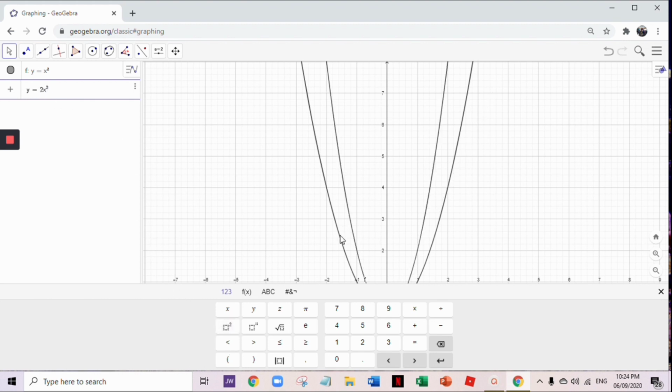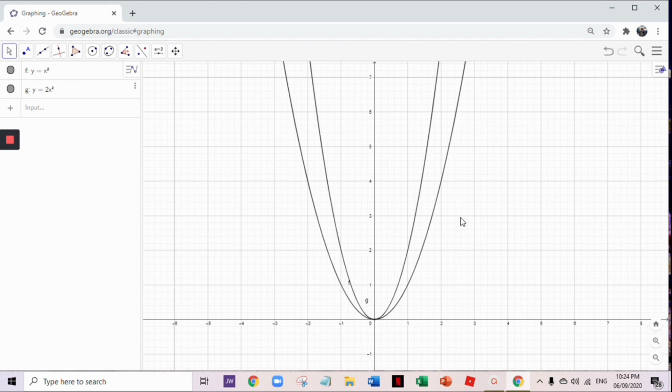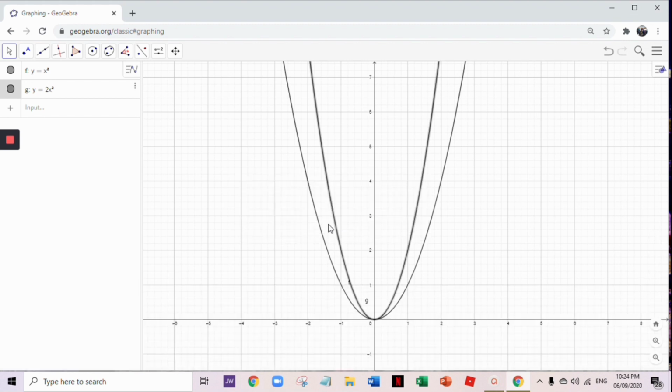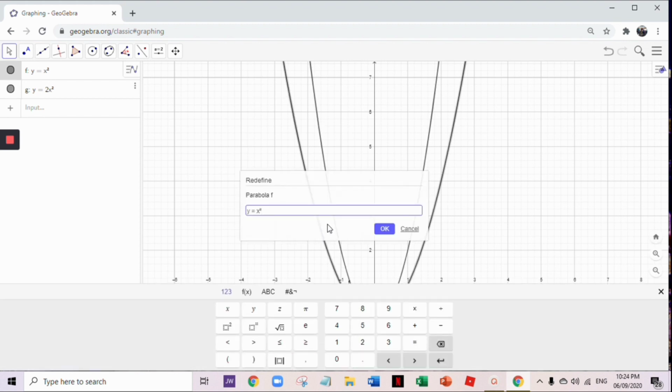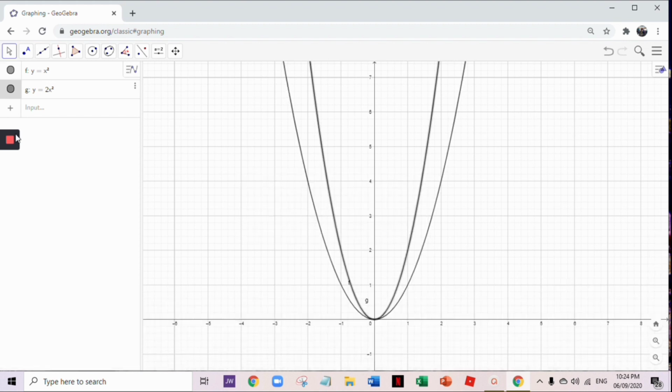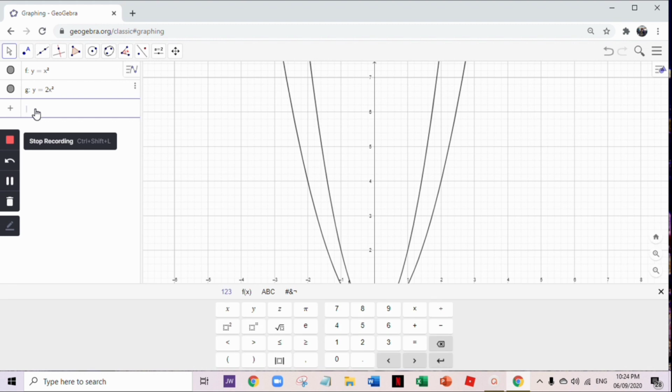Ano ang mangyayari sa graph natin? Tignan natin. Ito yung graph ng y is equal to 2x squared. Kita nyo naman, di ba? Yan yung graph niya. Itong isa, yung graph ng y is equal to x squared. Anong mapapansin ninyo sa kanilang graph? Pareho lang sila na 0, 0 yung vertex.